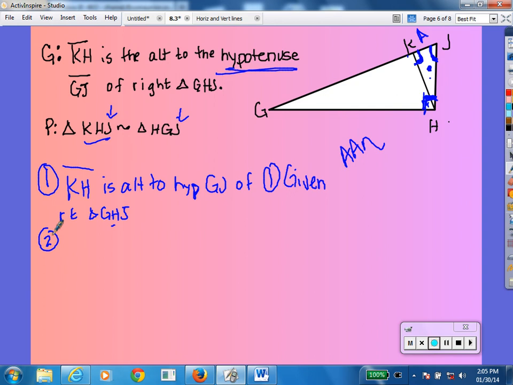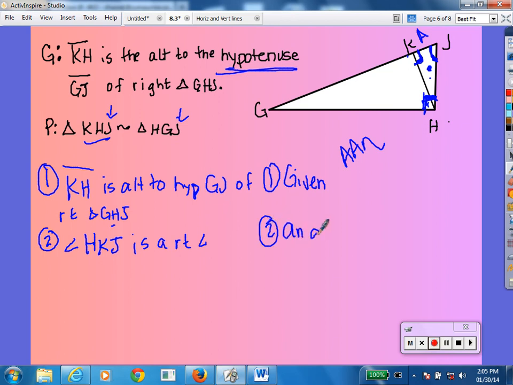So we're going to state that angle HKJ is a right angle. All right, so why is it a right angle?